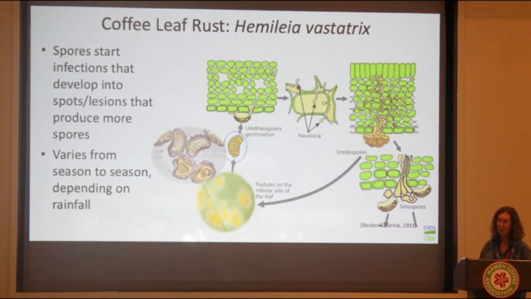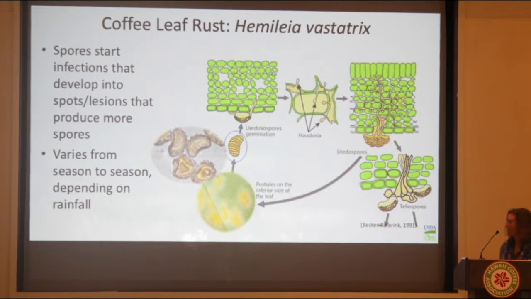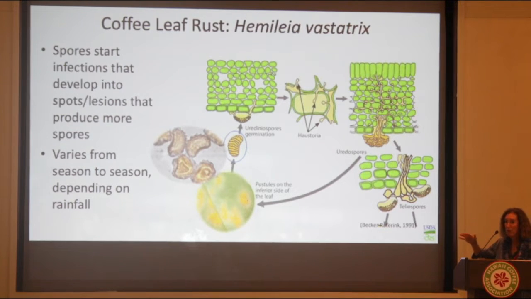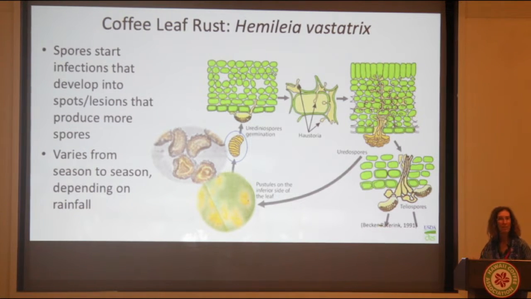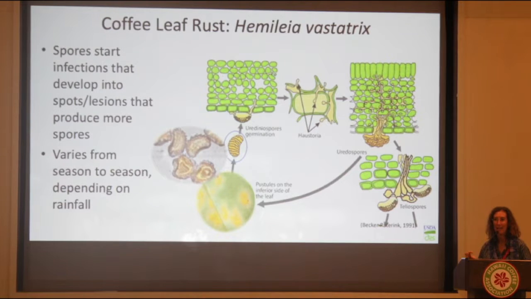It enters the natural openings of the coffee leaf, the stomates. So it will germinate and enter into the stomates, and then because it needs the living host to survive, it taps into the host system and produces feeding structures so it can start feeding off of the host.